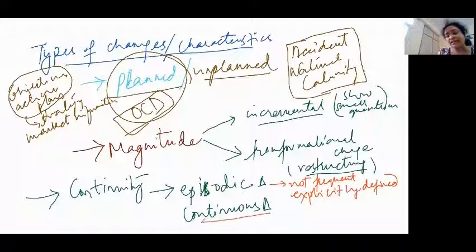But what happens in continuous change? Whenever change is continuous, that means change occurs regularly, and we need to be prepared for the change. And in this context, we can take the example of those organizations which are in a dynamic business environment.